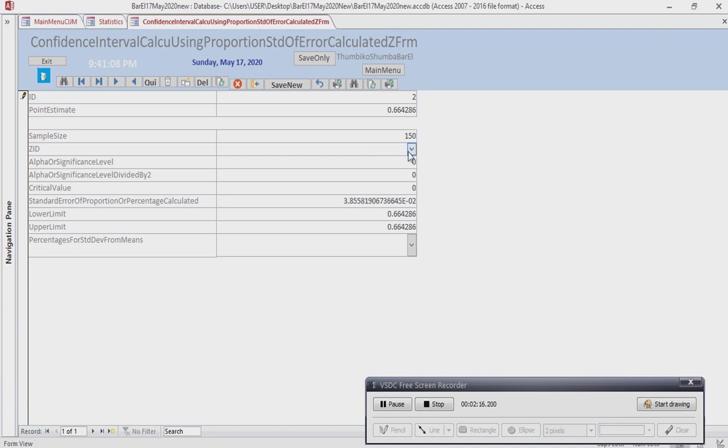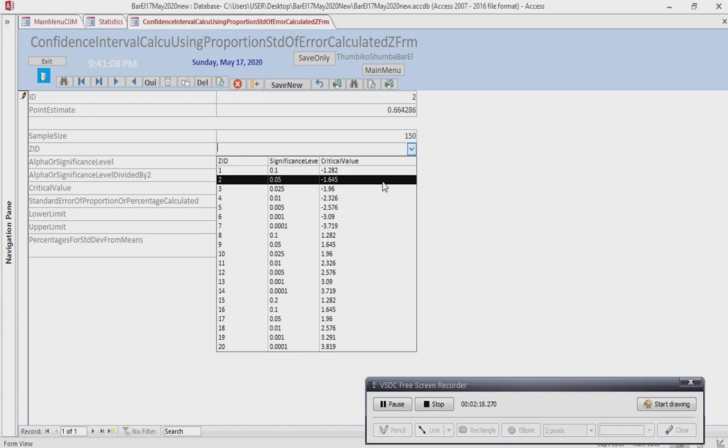Let us say the significance level is 0.025.